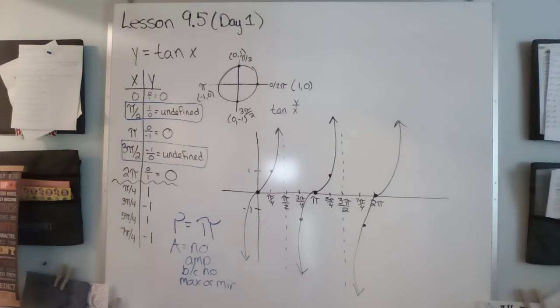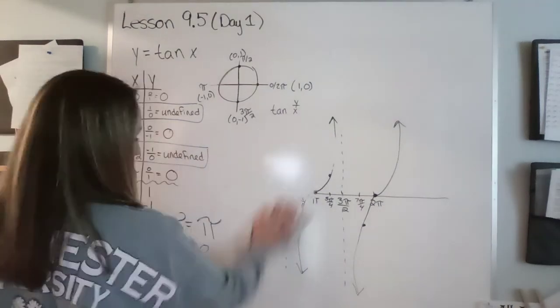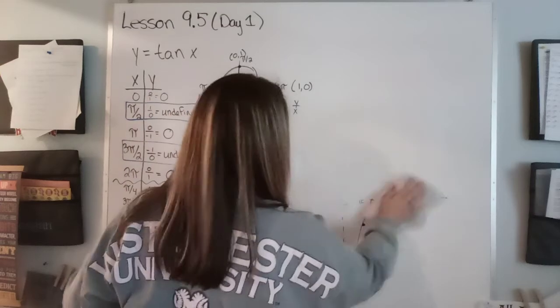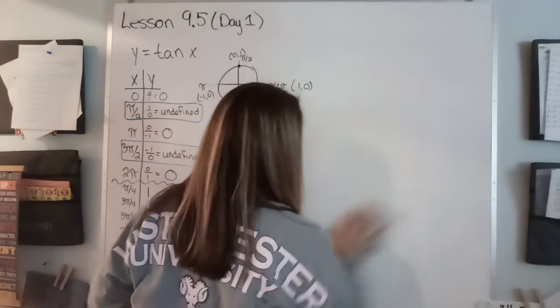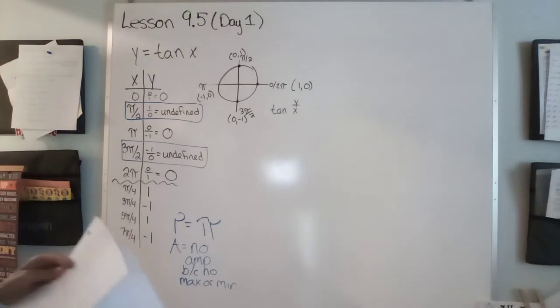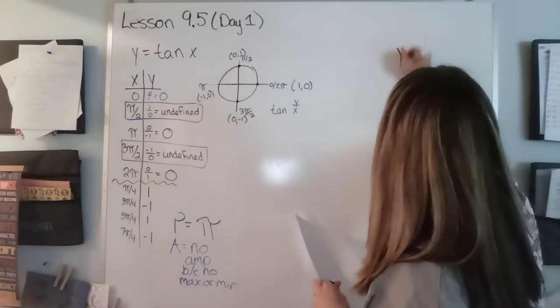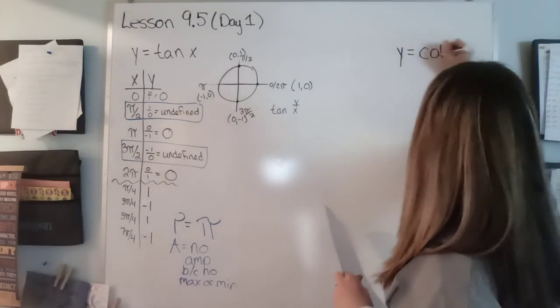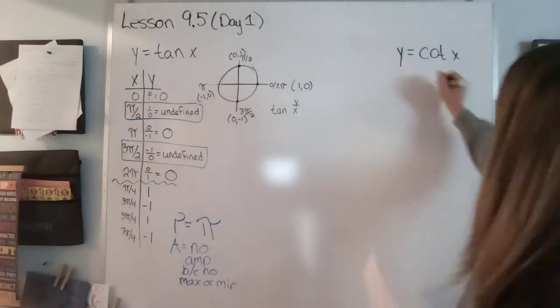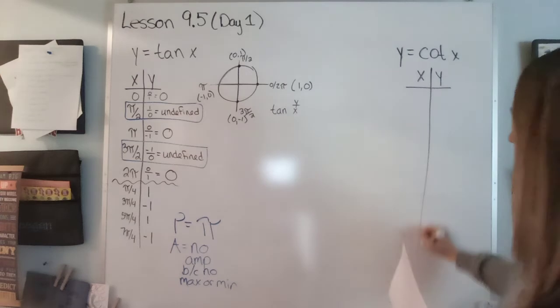Okay. All right, let's look at the cotangent function. Actually, let me just erase this. I'm going to leave this one up to refer to. So for cotangent, remember it's the reciprocal of tan. That's why I wanted to leave that up there.